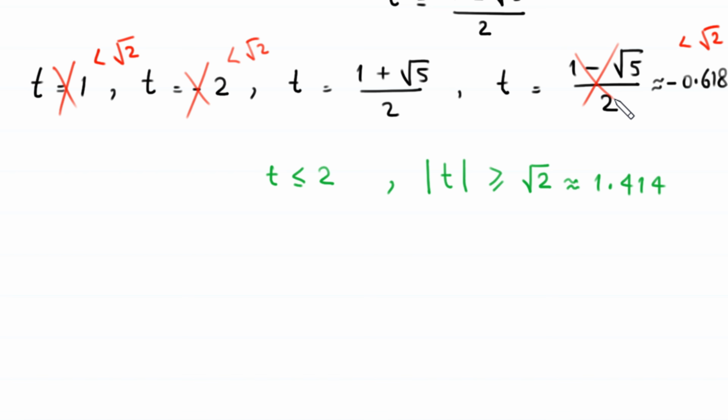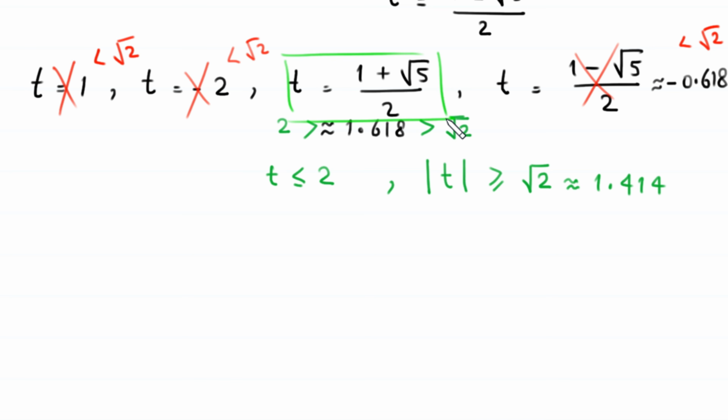This also will be rejected. And this value of t is approximately equal to 1.618, which is greater than root 2 and also less than 2. So we accept this value of t, 1 plus root 5 over 2.